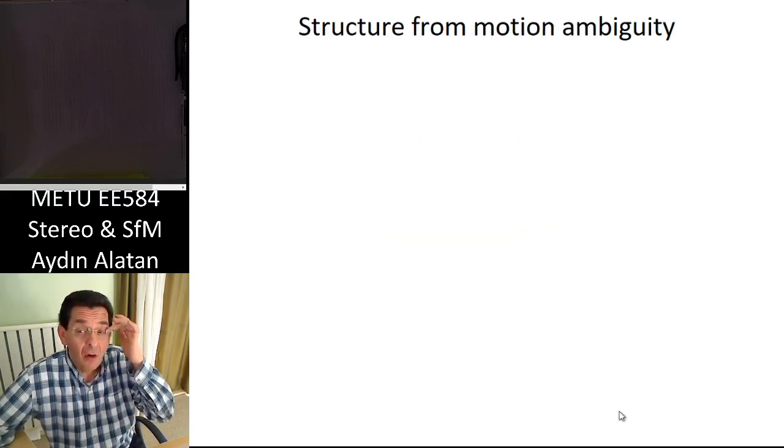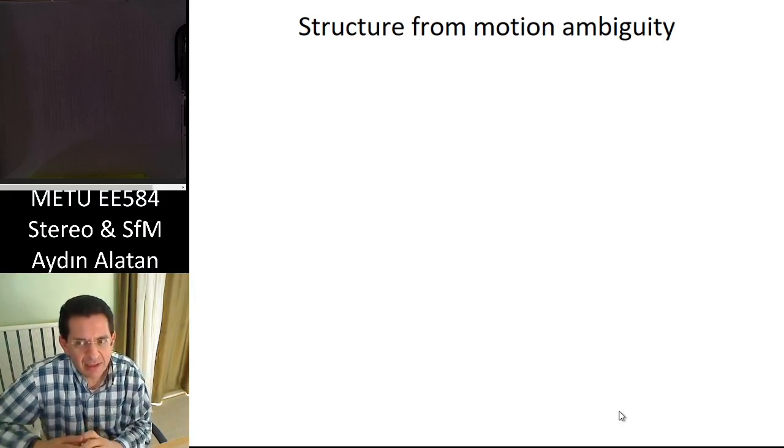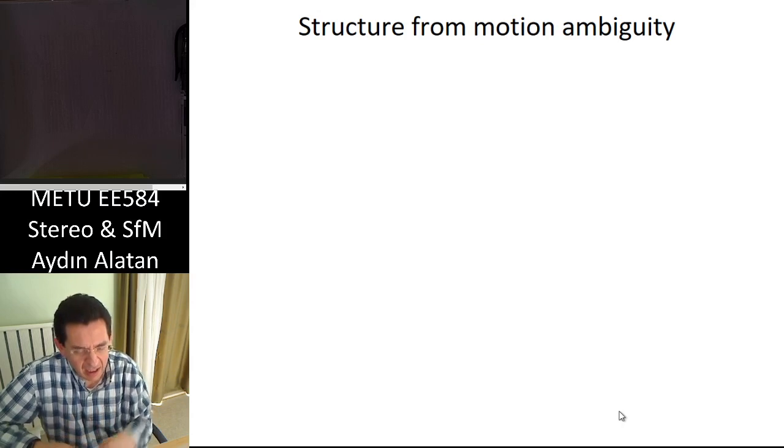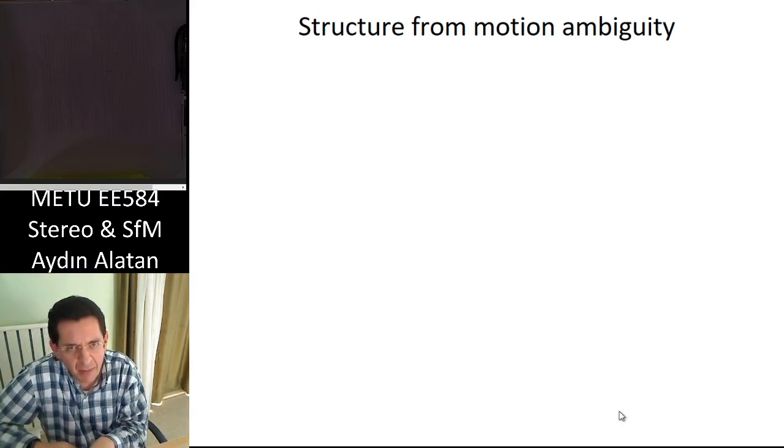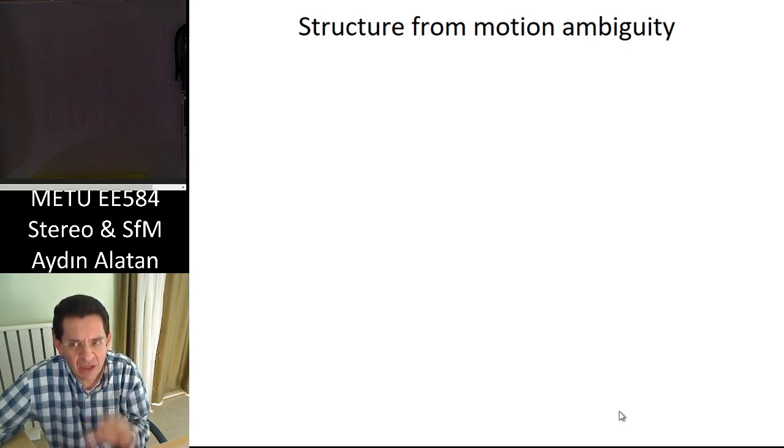Okay. Now, one important thing to note at this point is the ambiguities. Right now, I obtain results using two cameras, either with a given calibration matrix or without a calibration matrix. Now, assuming my calibration matrices K and K prime are given to me, from the estimated epipolar geometry F, I can obtain the E matrix.